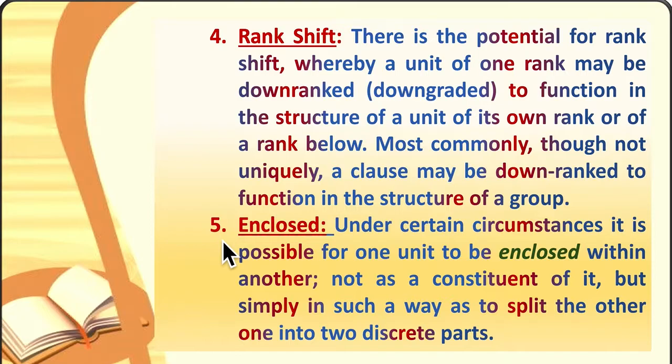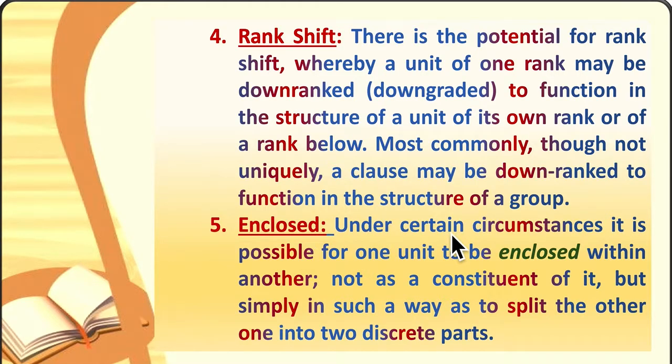And the last principle of lexicogrammar is enclosure. Under certain circumstances, it is possible for one unit to be enclosed within another, not as a constituent of it, but simply in such a way as to split the other one into two discrete parts. Look here, sometimes we call it enclosed.